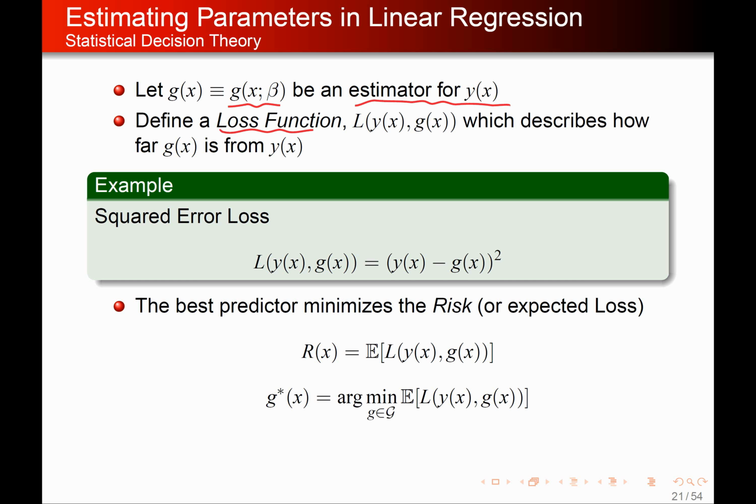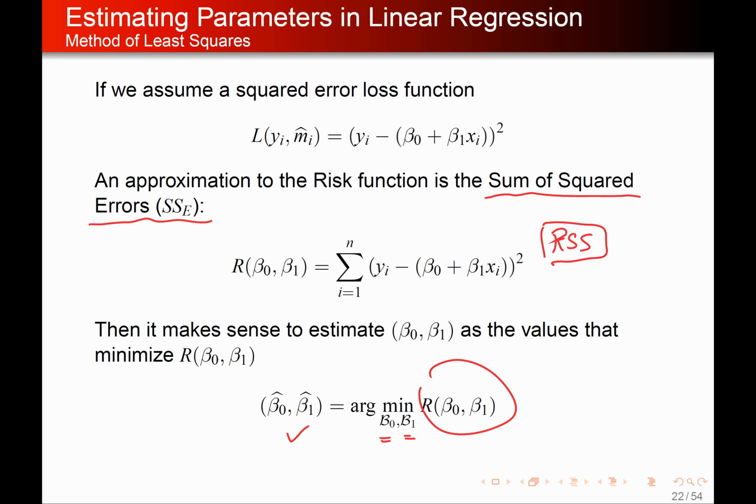This is the squared error loss function, where y(x) is the data and g(x) is the estimator. The best predictor minimizes the risk, that is, the expected loss. Okay, so g star x equals the estimator that gives us the smallest squared error loss.